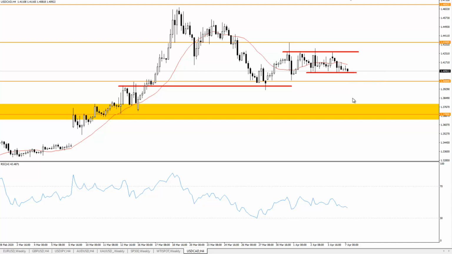It seems to be where we're headed, but maybe just one more drop below 140 and that's enough for us to decide that we're pushing higher. It seems like 140 wasn't quite enough, and people are looking for lower prices before getting into the CAD again, for the dollar versus the CAD, looks like.